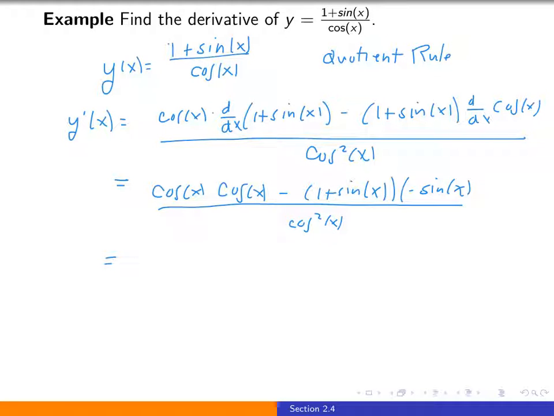The first term in the numerator is cosine squared. Note in the second term, we have this extra minus sign, and we can combine that with the minus sign we already have to turn that into a plus. And then we can go ahead and distribute the sine term to both of those throughout. So that would be plus sine squared.